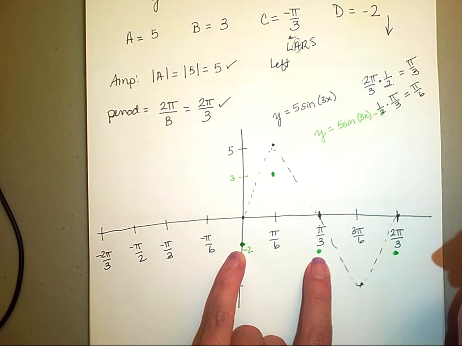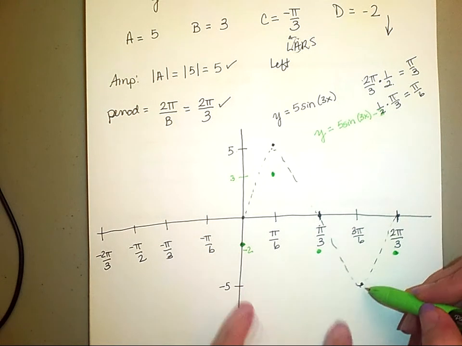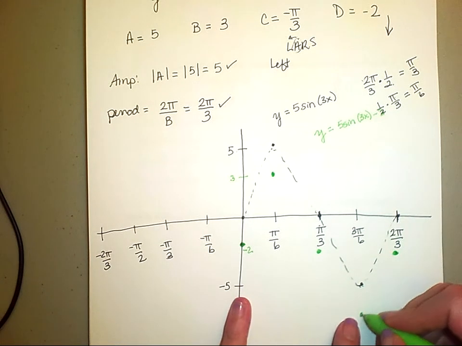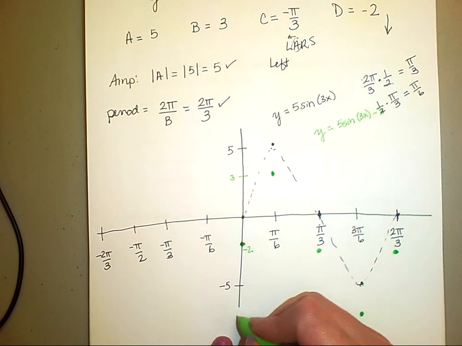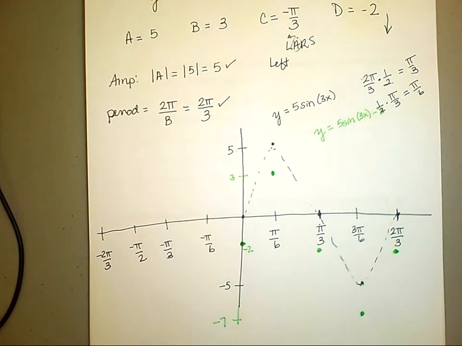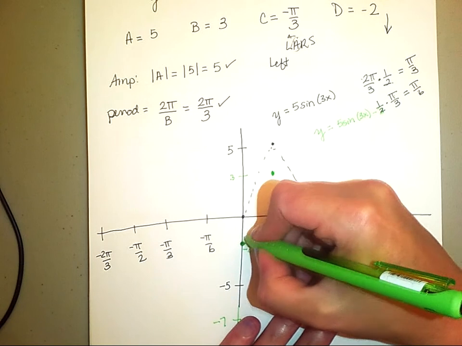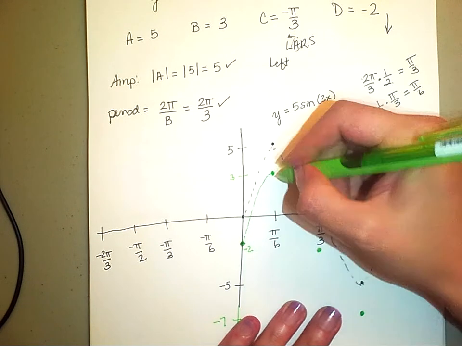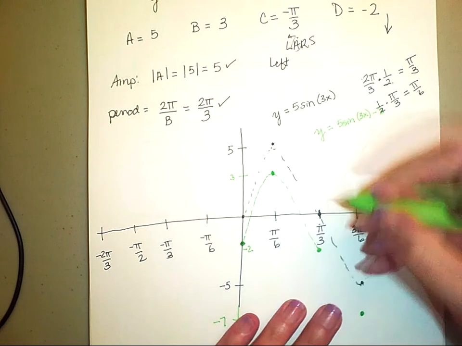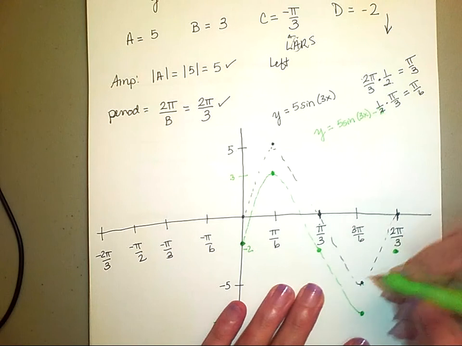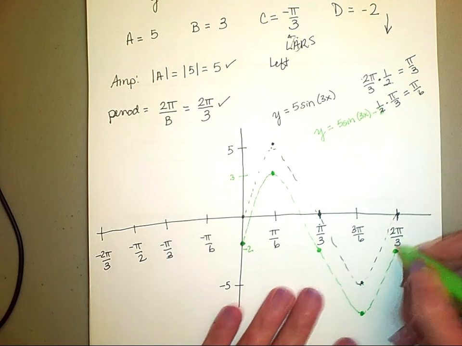Minus 2, minus 2. Now this is negative 5. It has to come down to minus 7. Down here to minus 7. So it would look like this. Now don't get nervous, you guys. We're almost done. As long as everything's clearly labeled, we can just work with it.